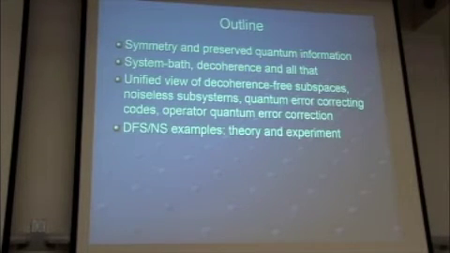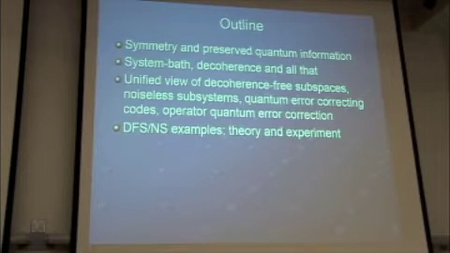There we go. Okay, so this is the outline for the main talk. I'll talk about symmetry and how it's related to preserving quantum information. I'll talk about system-bath decoherence, and then I'll talk about how we can understand a whole bunch of buzzwords in terms of the unified perspective that comes from this symmetry point of view.